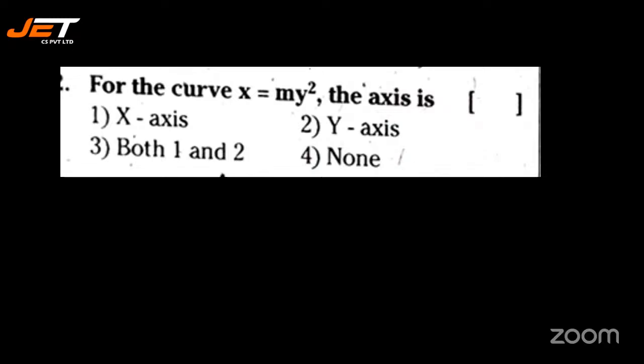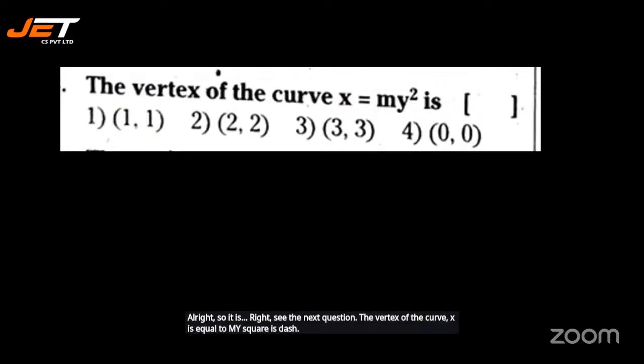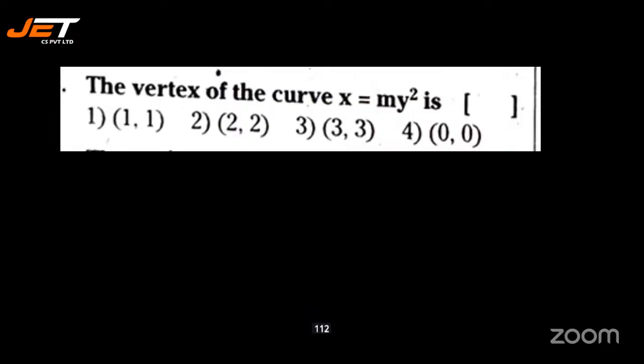Your time is running. All right. So it is x-axis. See the next question. The vertex of the curve x is equal to my square is dash. Is it 1, 1, 2, 2, 3, 3 or is it 0, 0?